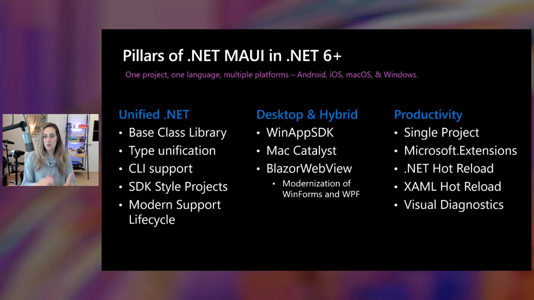Not only with Visual Studio and the features you get from that, such as your visual diagnostic suites and XAML Hot Reload and .NET Hot Reload, but also, of course, with things we do in the SDK in .NET itself, like using Microsoft extensions, our single project framework for .NET MAUI, so you can put all of your images in one place, all your fonts in one place, not have to copy them on all the different platforms you're targeting. And it is amazing.